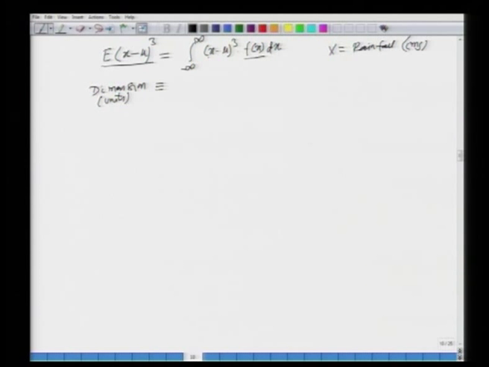All right. What is the unit of x? Centimeter. What is the unit of mu? It is also centimeter. All right. So, it will be what? Centimeter cube. All right. Or same as the cube of units of your random variable.